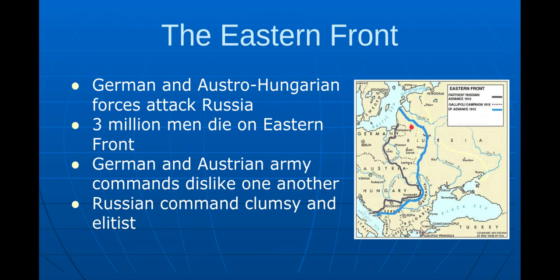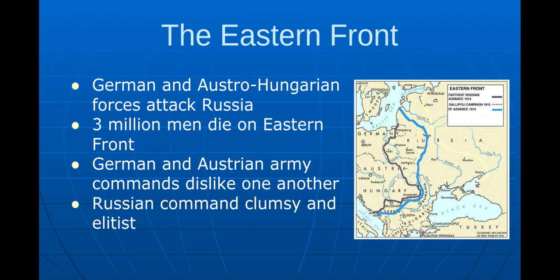Another problem is that on this Eastern Front, you have another power which is a lot bigger in geographic size than in military power. And the Russian command is very clumsy. It's also terribly top down and elitist. Remember, this is an autocratic nation ruled by a single man, the Tsar.